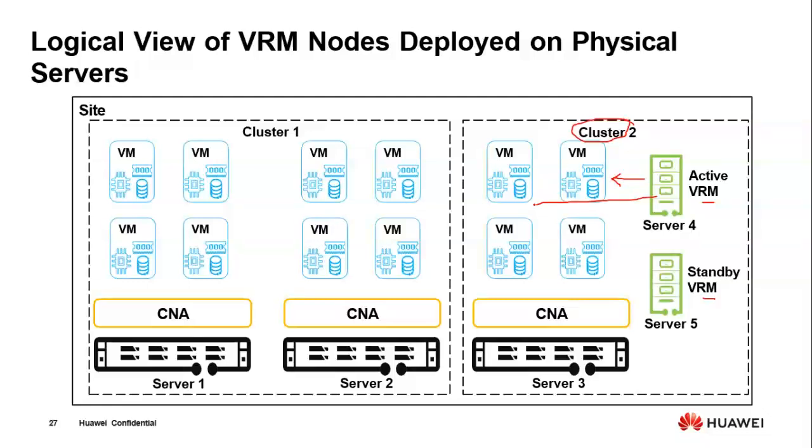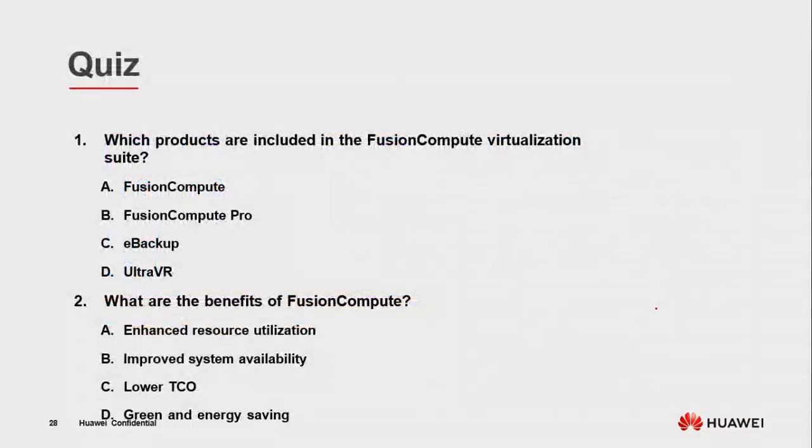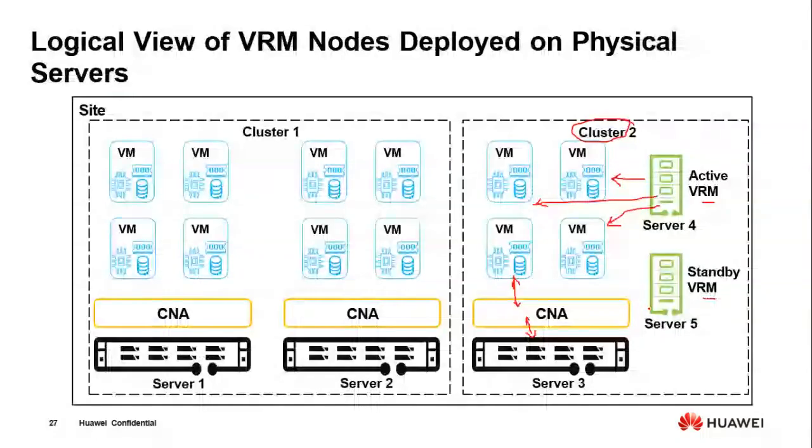Then you can create your virtual machines, and the virtual machines interact with the CNA, which in turn interacts with the server because it's sharing from it. So that's the last slide. This shows the VRM nodes being deployed on a physical server.